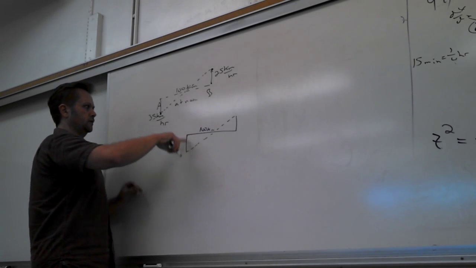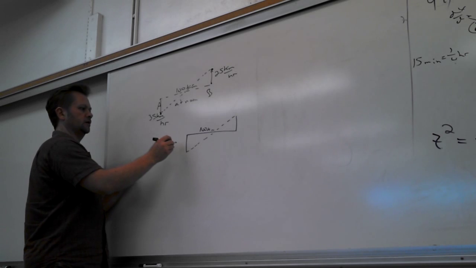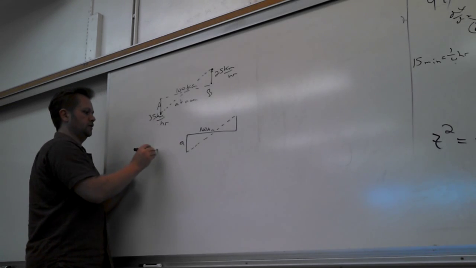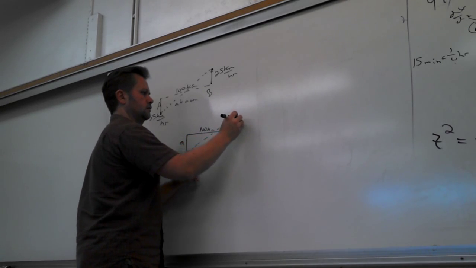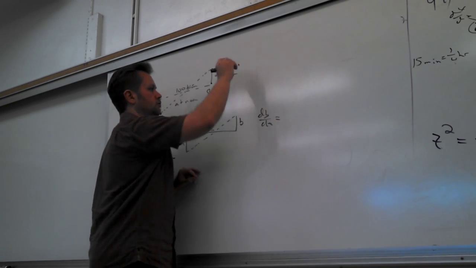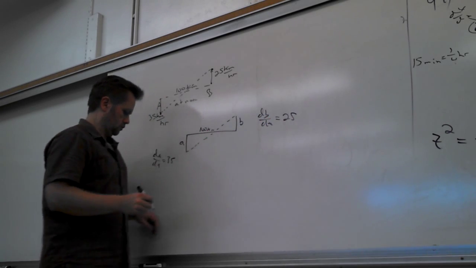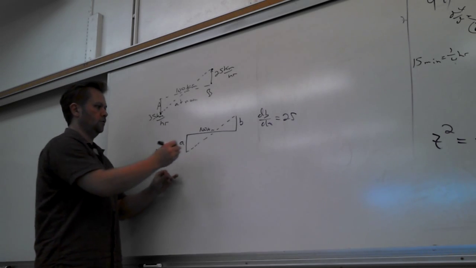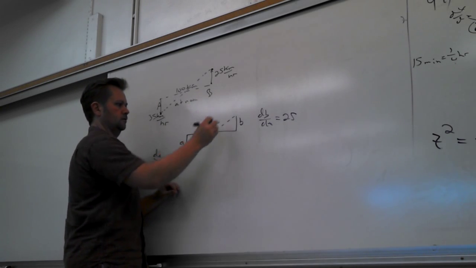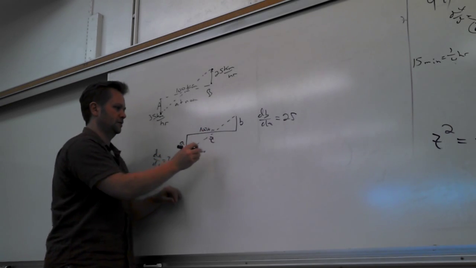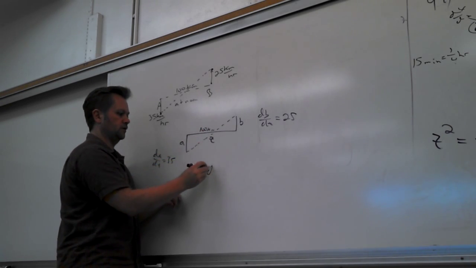Call this A, so dA/dt is 35. Call this B, so dB/dt is 25. And call this Z. What they're asking me for is dz/dt.